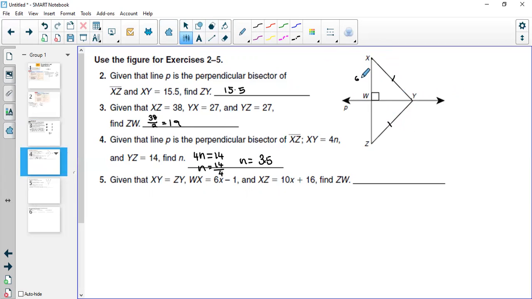WX is 6x minus 1, and XZ, the whole length, is 10x plus 16. You have to find the length of ZW. So now they have given us the length of WX to be 6x minus 1. Now you know in the bisector theorem, if XY is equal to YZ, then XW is equal to ZW. So this means this is also going to be 6x minus 1.